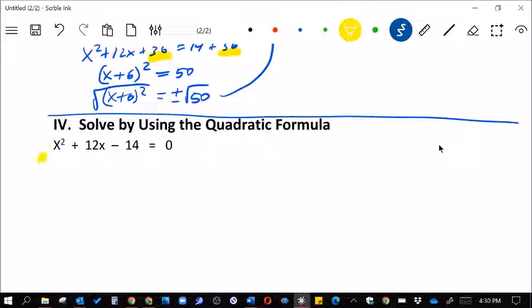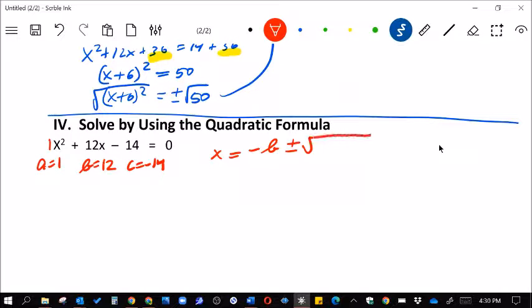So we recognize that A equals 1, B equals 12, and C equals negative 14. So the quadratic formula, in case you've forgotten, x is equal to negative b plus or minus the square root of b squared minus 4ac over 2 times a.